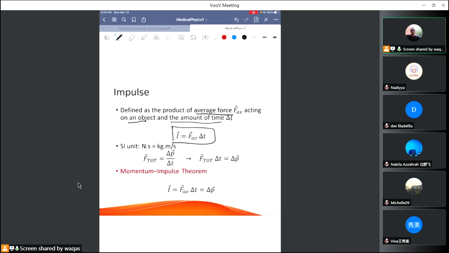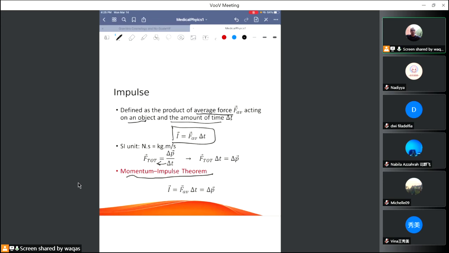So we know that force is basically the change of momentum divided by delta t. If I multiply this here, we can say that the change in momentum is the total force multiplied by delta t. So there is a theorem called the momentum impulse theorem.